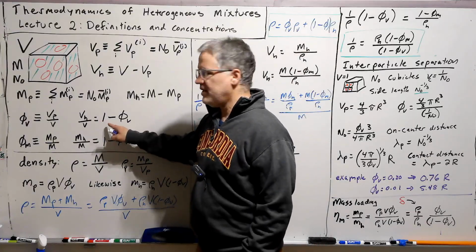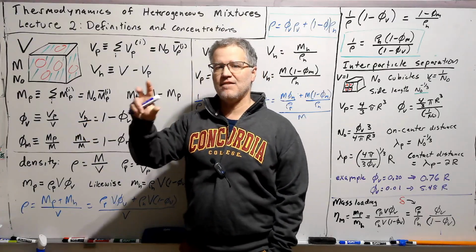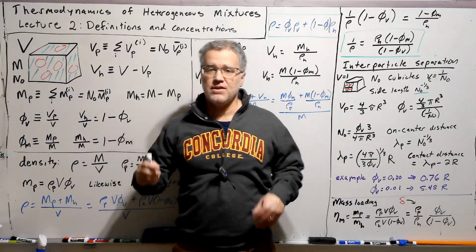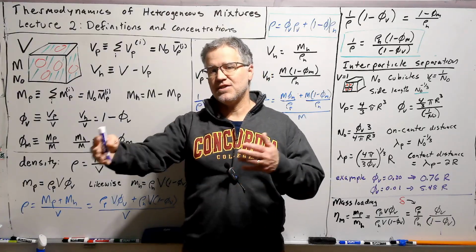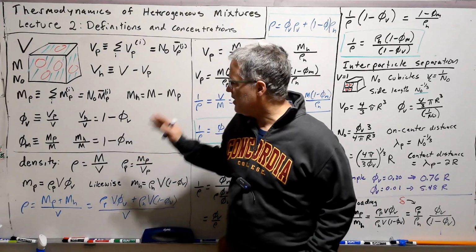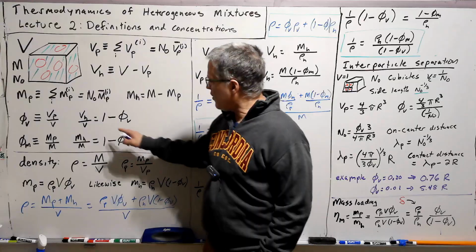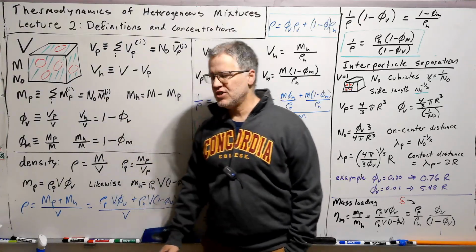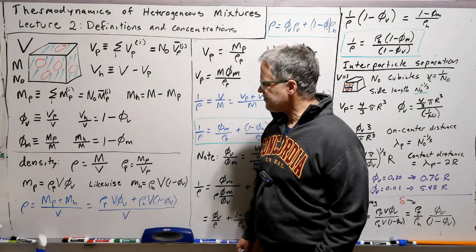And then we don't need an analogous definition for the host because we only have two things: we have the particle type and we have the host. Now, of course, you could be talking about more complicated mixtures where you have different types of particles. But that's just an added complication we don't really need. So we will have 1 minus this fraction as our host fraction.